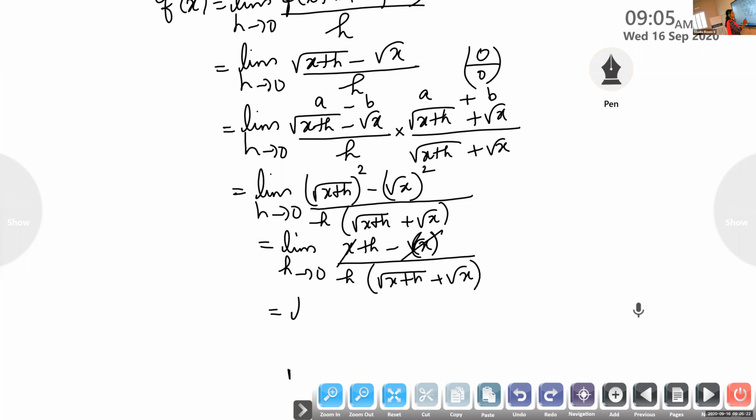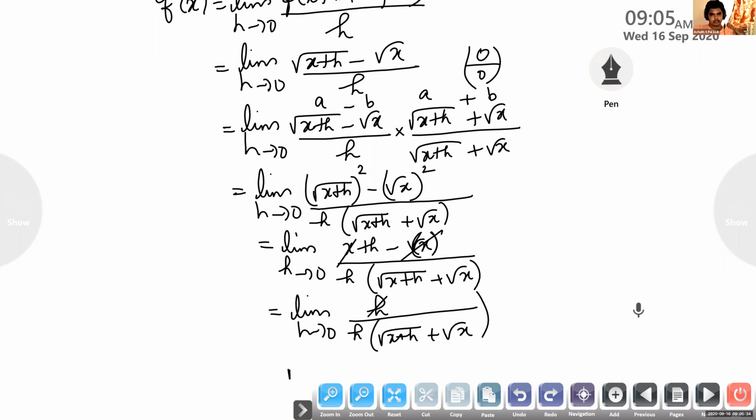So we get h by h into root of x plus h plus root x. Now h gets cancelled, so we get limit h tending to 0, 1 by root of x plus h plus root x.